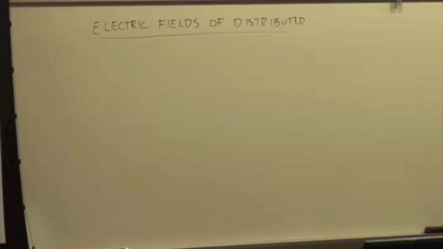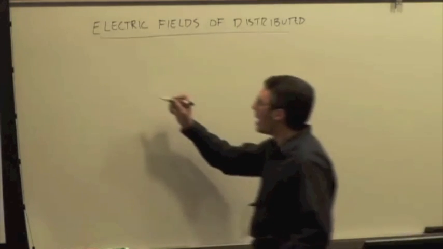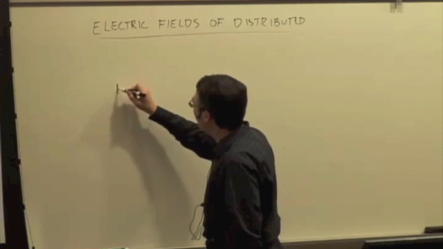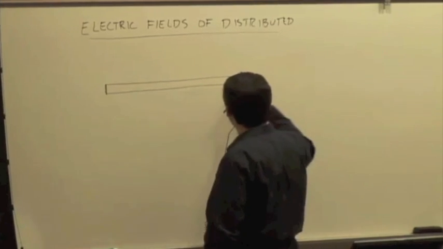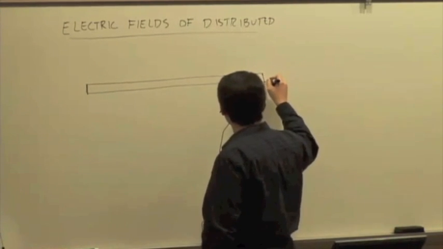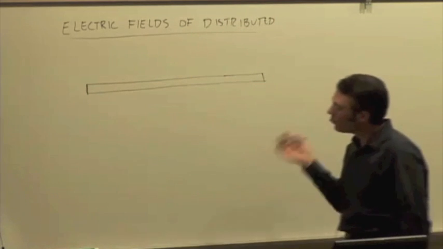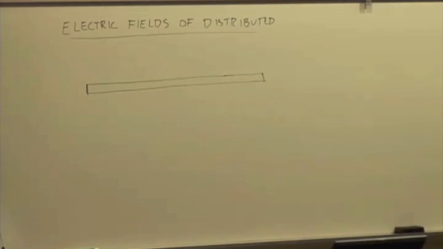But what if we have a situation like this? Let's say you have a rod, or like a thin rod, maybe a thin piece of plastic, and we saw in some of the demos last week where I rubbed some sort of material over the plastic and was able to create a charge on it.